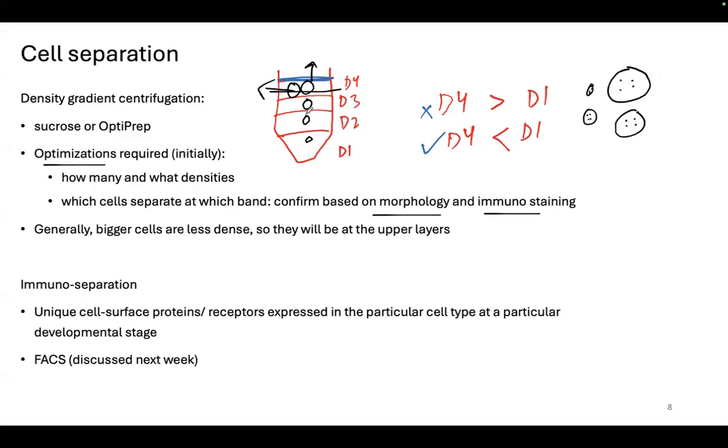So you would want to confirm in which layer you see which cell. You don't just want to go by me saying that, since neurons from the hippocampus are in layer 4, I would also see neurons from the cerebellum in layer 4. Maybe I also see some of them in layer 3. So layer 3 is now not pure. Okay. So this can happen.